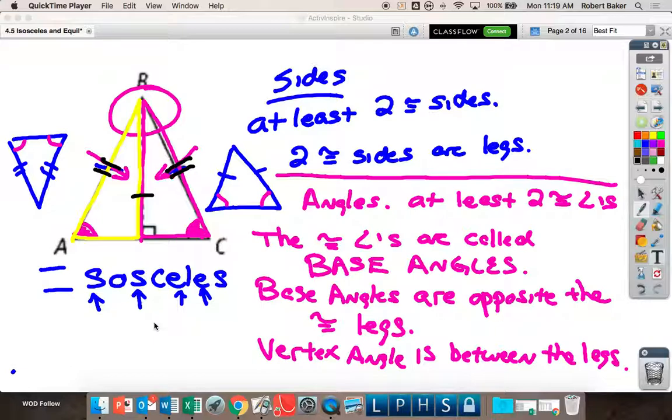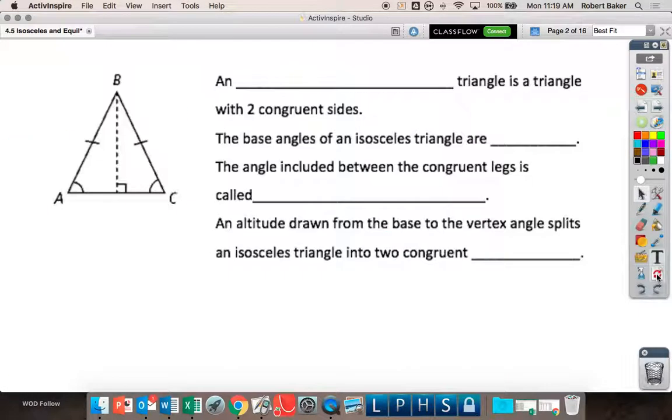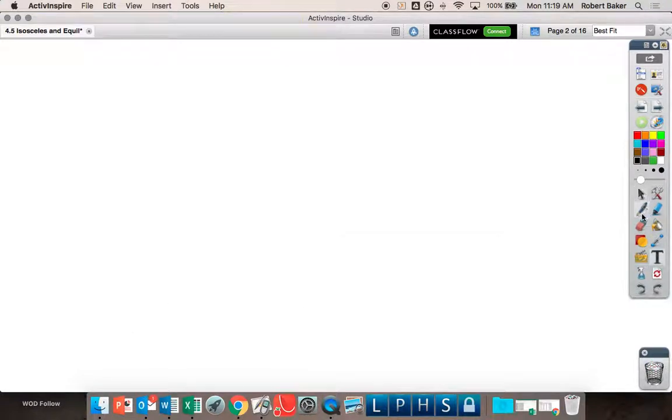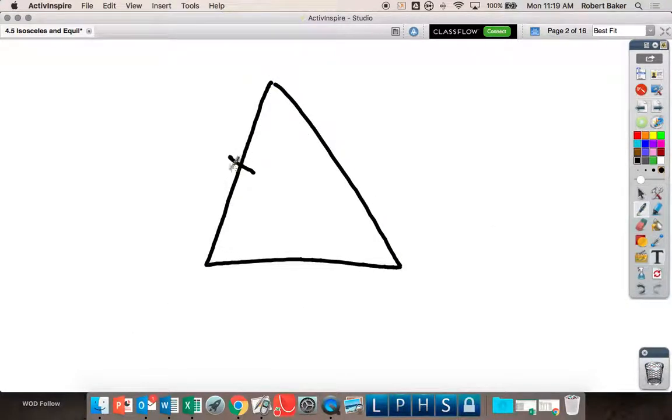So let's play with this for a second. Maybe erase all this. And let's look at some questions you might see. Do you have the ability to solve for x?